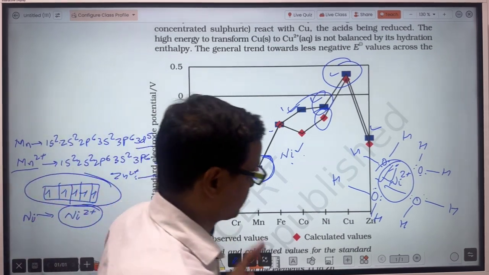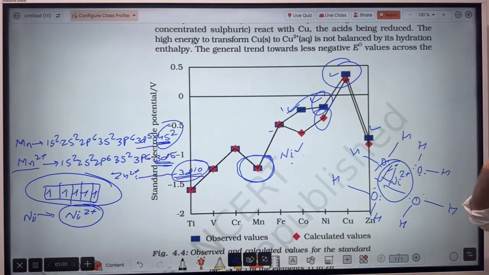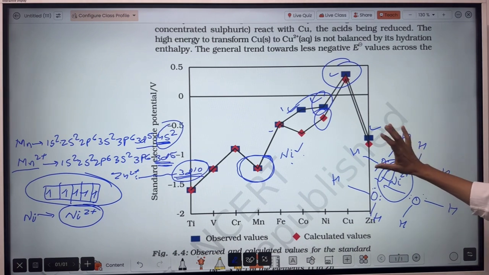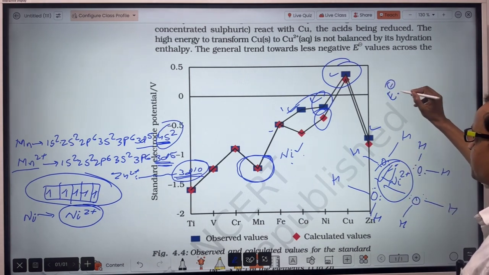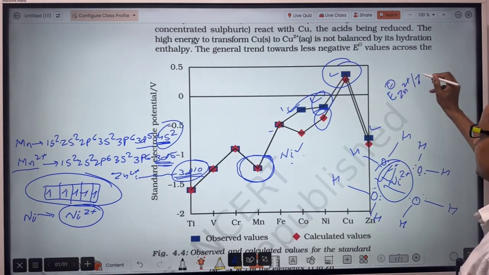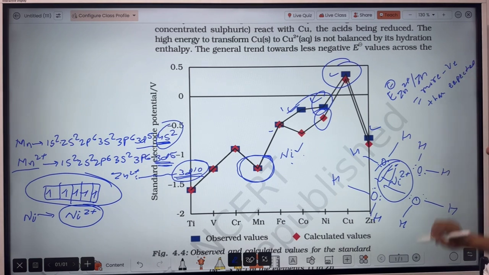That's why zinc is more stable in the +2 oxidation state. So the standard electrode potential of Zn2+/Zn will be more negative than expected. Copper, however, is positive.